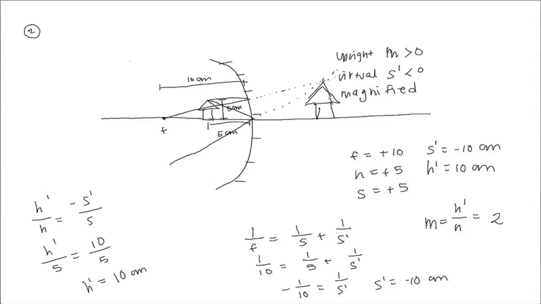Yeah, and it works. Good. Okay, I'm gonna fix it. But yeah, this is where it intersects, and that's where our picture is. Okay, now does this match our predictions from the table? Yeah. Upright, yes. Virtual, yes. Magnified, yes. Okay, well good.